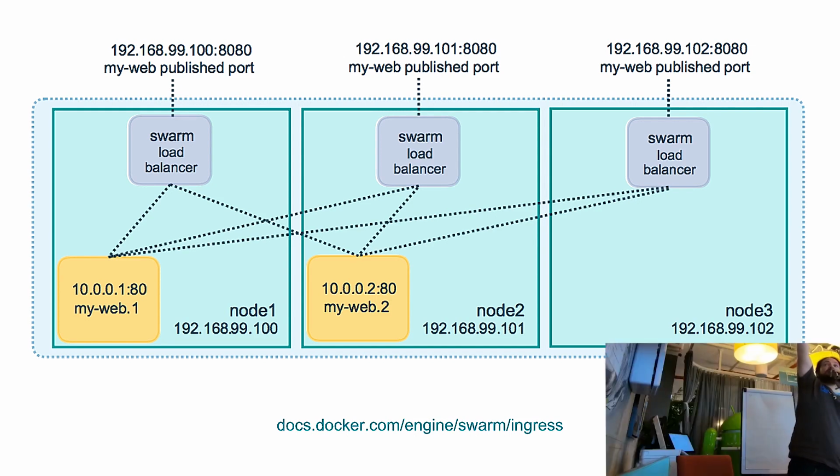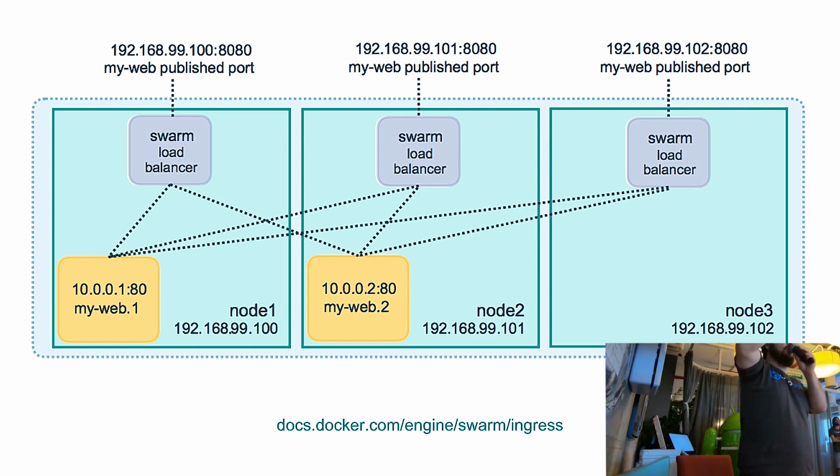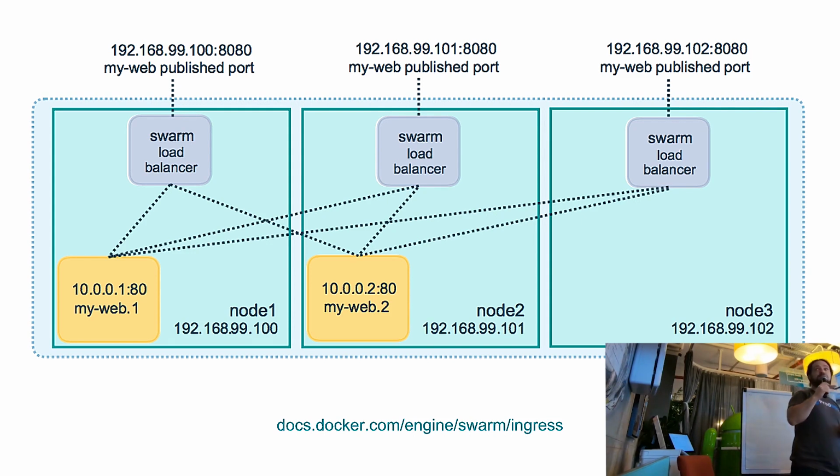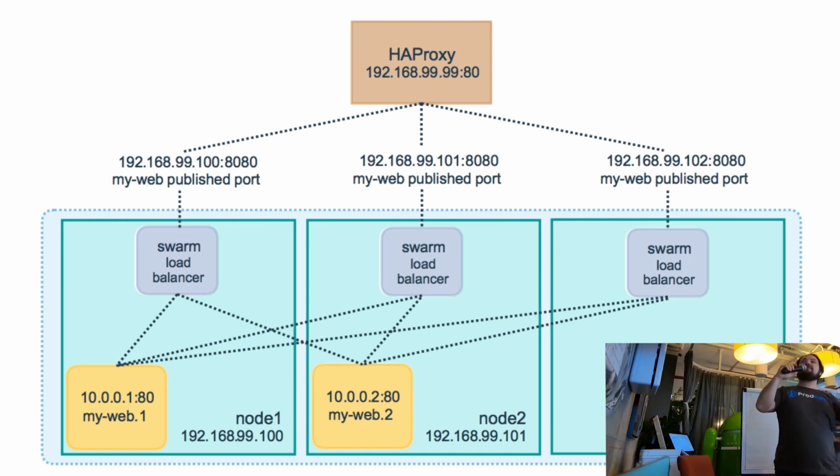So if a load balancer is outside of this, you can just point the load balancer to all the servers. You don't need to cherry pick and know where the service is running its tasks at this moment. Cool. For example, I have a load balancer, HAProxy. It sends requests everywhere, and Docker is doing the hard work of finding out where these requests actually need to go. Okay?